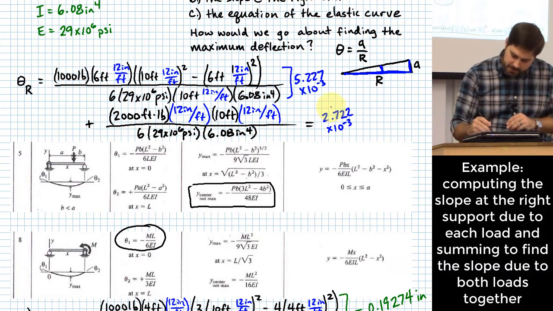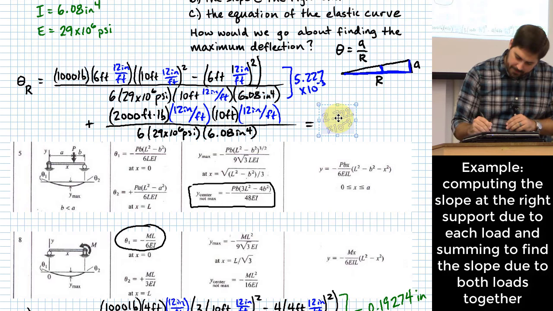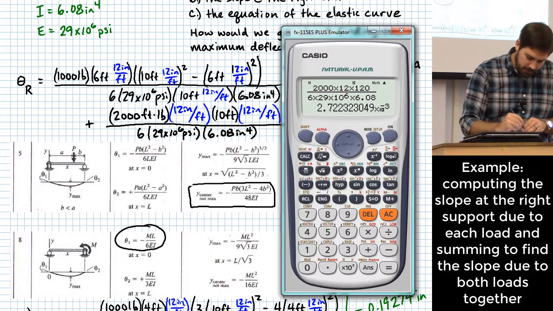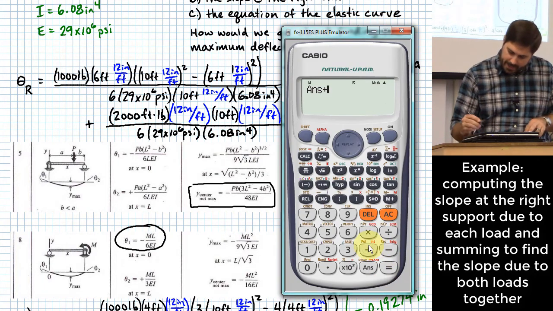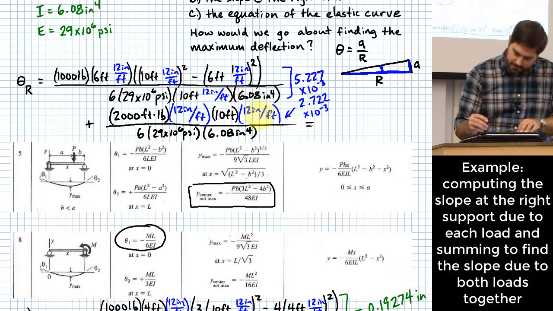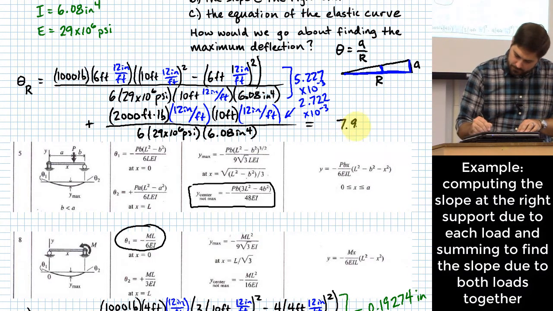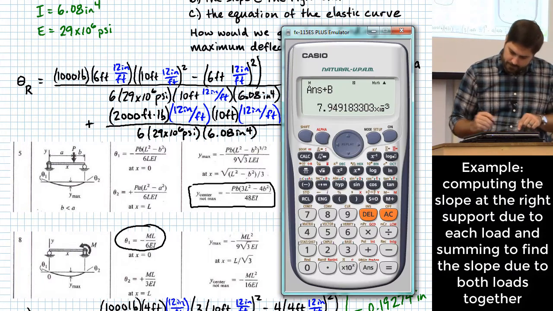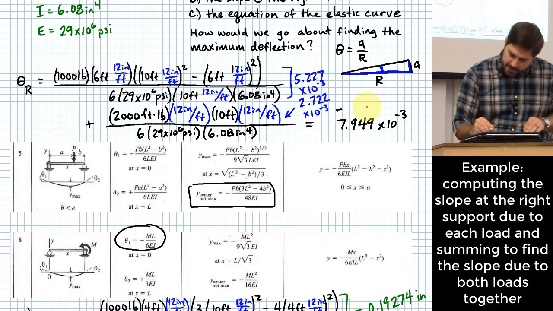Okay, that's this. That's for this other term. And so total, I'll take what I have there and add it to what I just stored into B a second ago. This will give me 7.949 times 10 to the minus third as my slope.